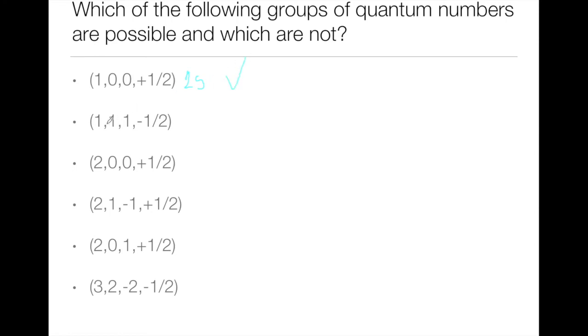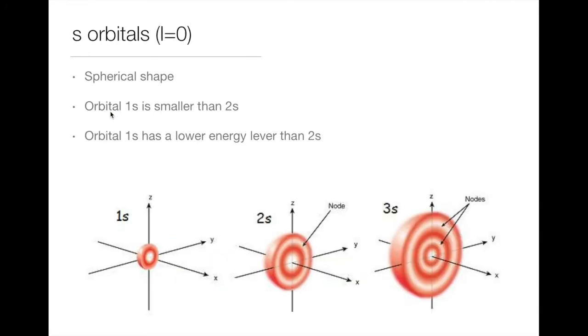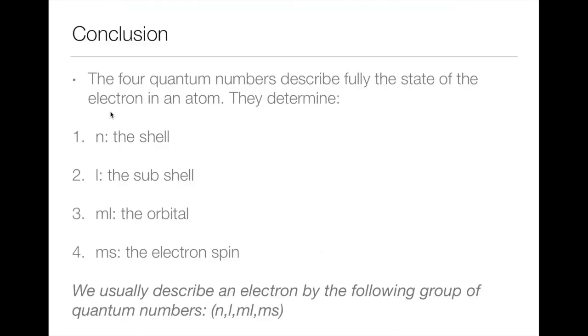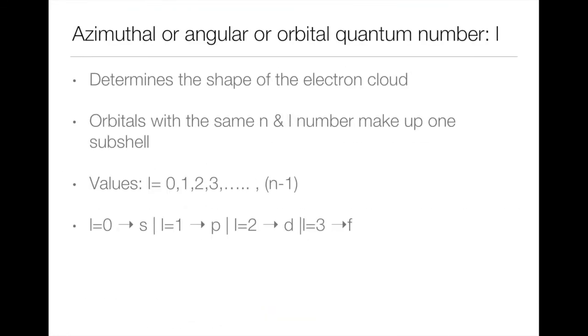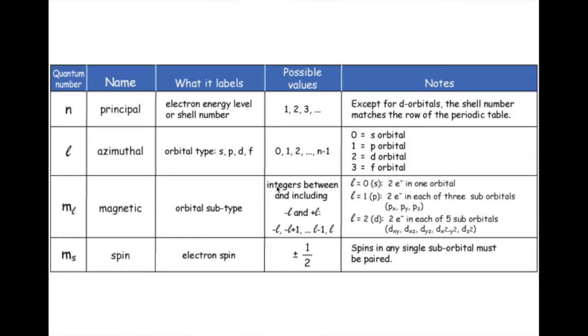1, 1, 1. The n number is 1, the L number is 1. This is a problem because we said here that the L number takes values smaller than n, until n minus 1. Therefore, we cannot have 1, 1.